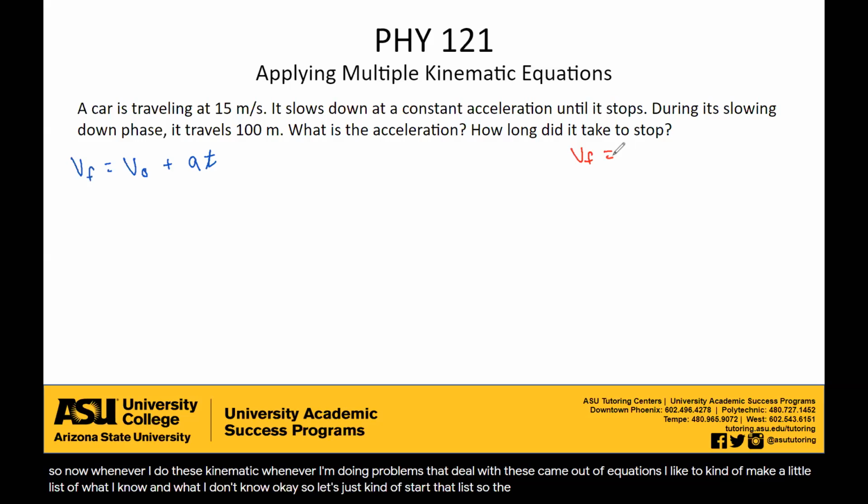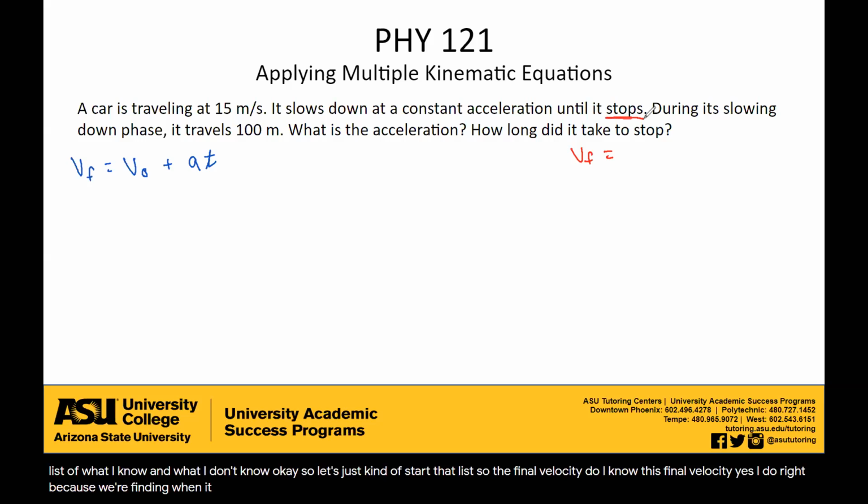So the final velocity. Do I know this final velocity? Yes, I do, because we're finding when it stops. If it stops, that means my final velocity has to be 0 meters per second.